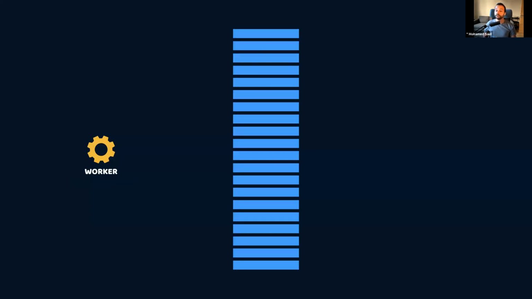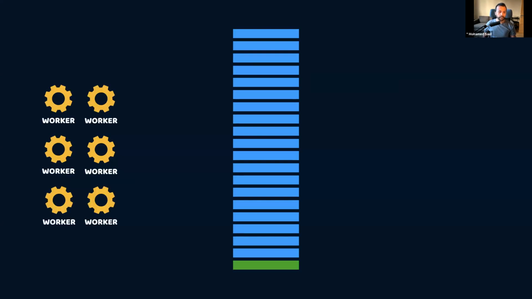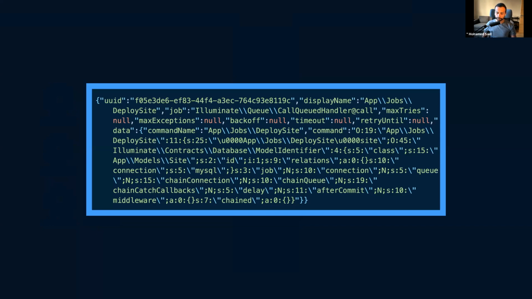And if the queue is full of jobs and it's not processing fast enough, you can start more than one worker to process jobs. Each of these workers is going to look at the oldest job in the queue and process it. While worker number one is processing the oldest job, worker number two could be processing the second oldest job. So the more workers you start, the faster the jobs in the queue are going to be processed.